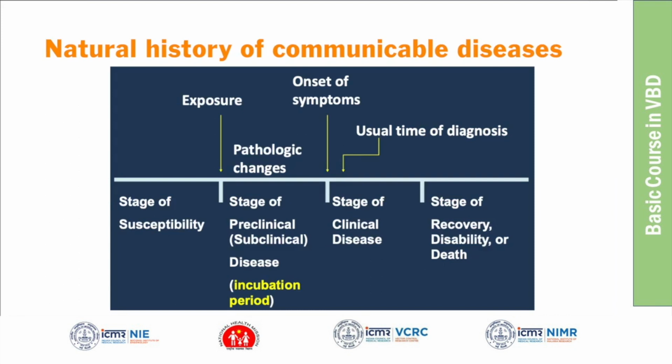So this is called natural history, a full spectrum starting from disease-free status to an extreme of either dying or suffering or recovering. This is called natural history of communicable diseases.